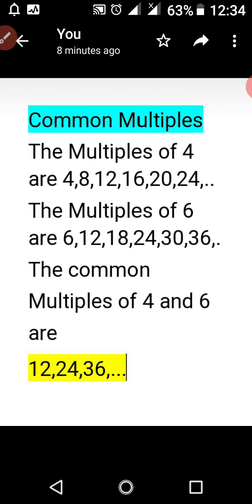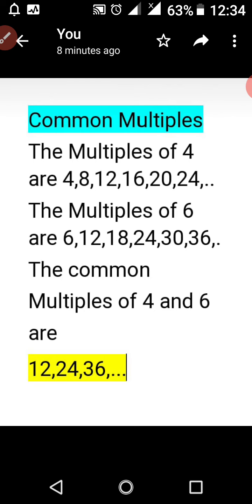The common multiples of 4 and 6 are 12, 24, 36. After 36 we will also get many more multiples, but we are writing only a few here because we can't write all the multiples of numbers. Okay, so this is about common multiples.